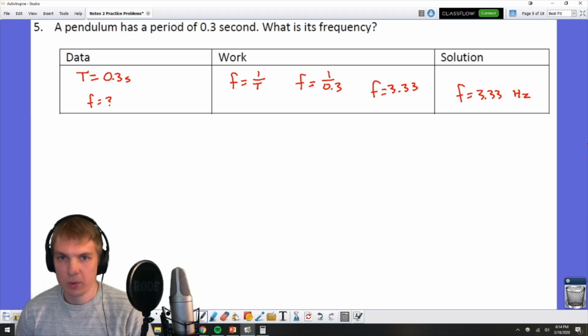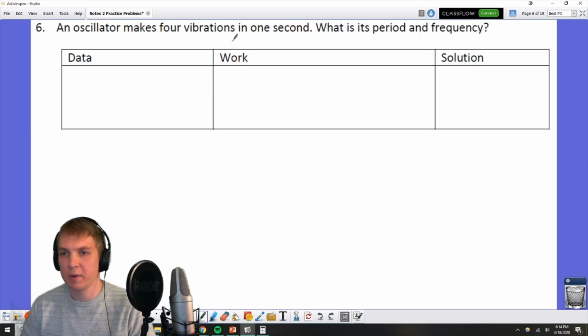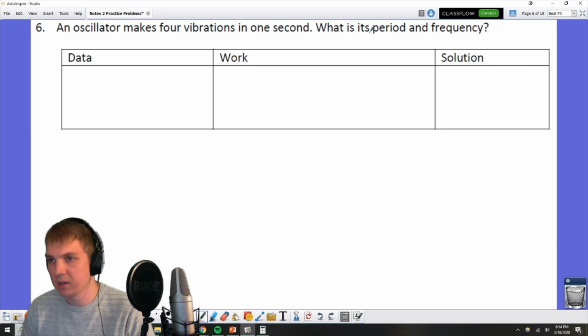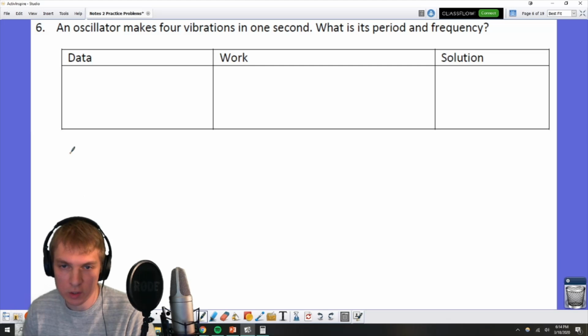All right, number 6. An oscillator makes 4 vibrations in 1 second. What is the period and the frequency? So the other equation for frequency was the number of waves divided by the number of seconds.